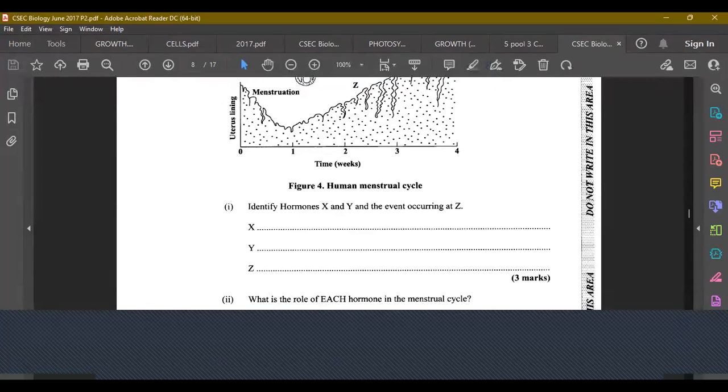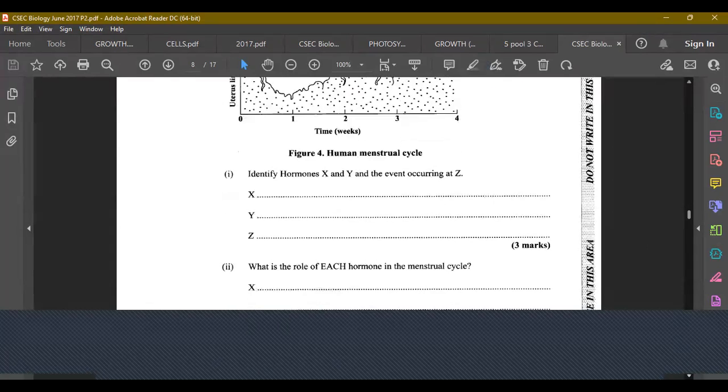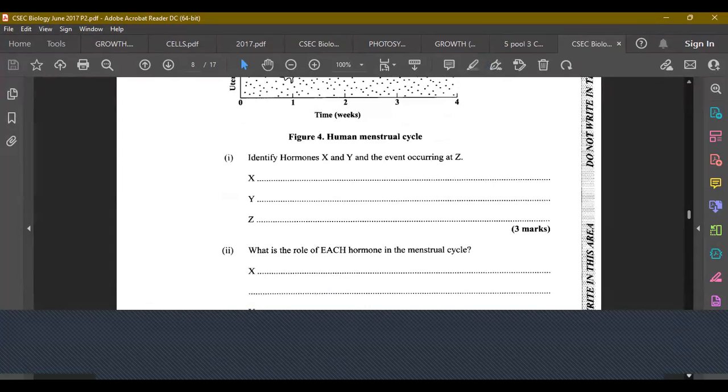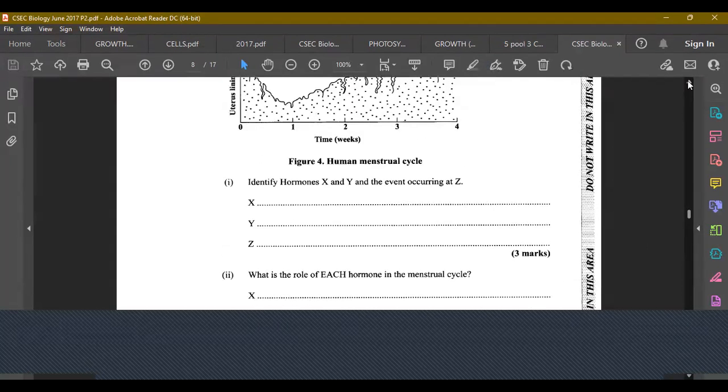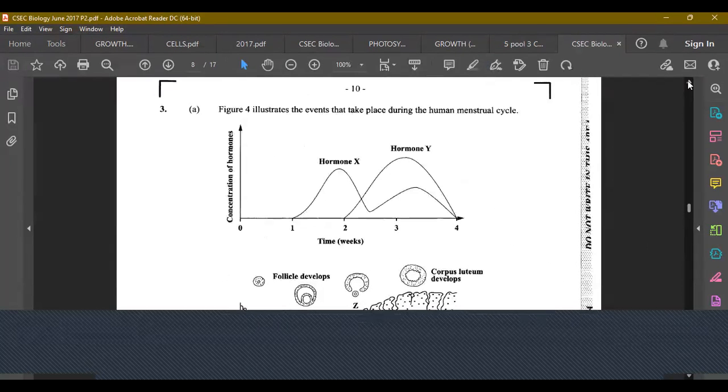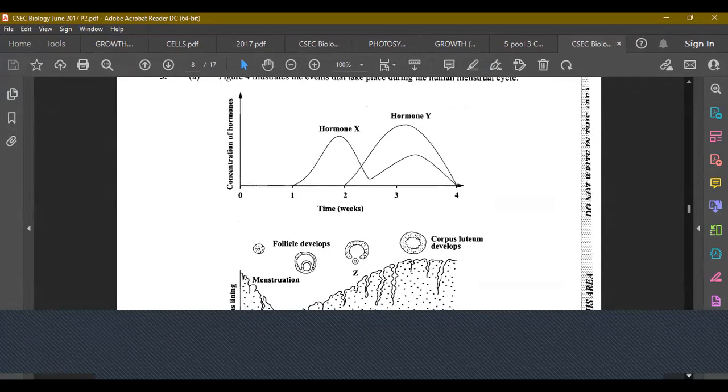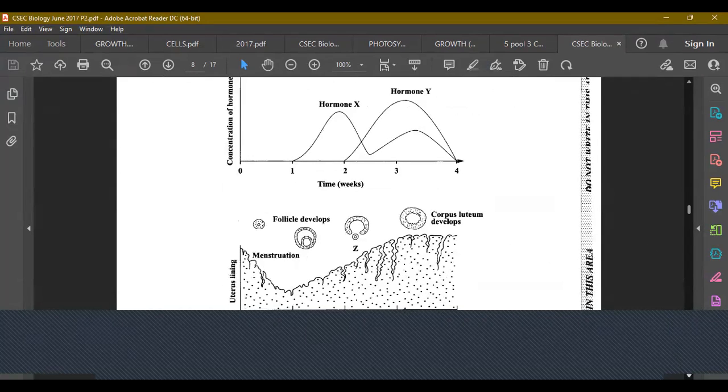Sending you guys off in 4 minutes. What is the role of each hormone in the menstrual cycle? So that's X and Y. We established that X is estrogen, Y is progesterone. What is the function of estrogen, using the diagram to help us?